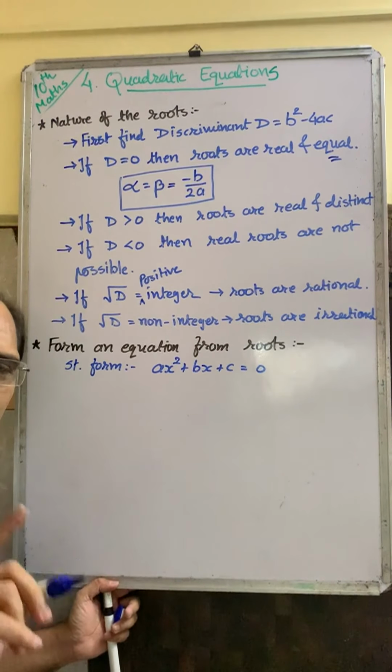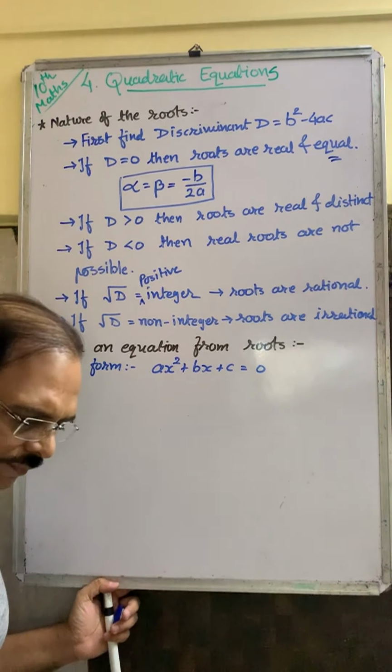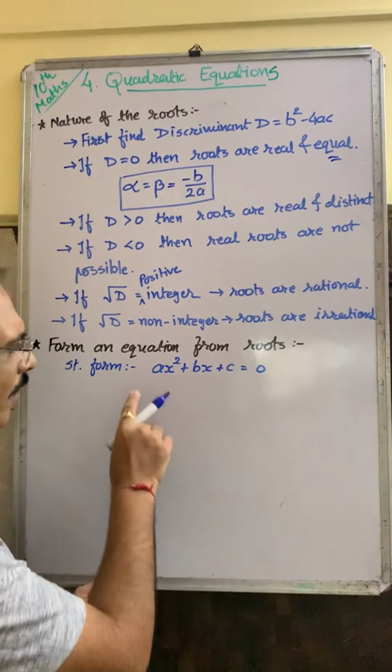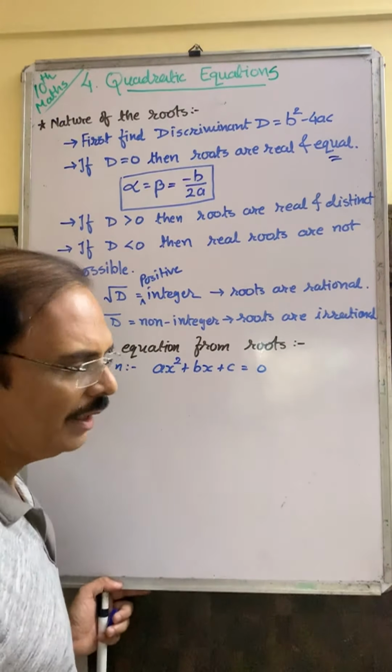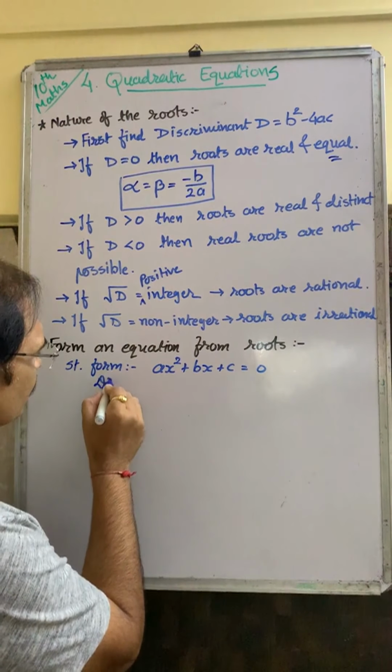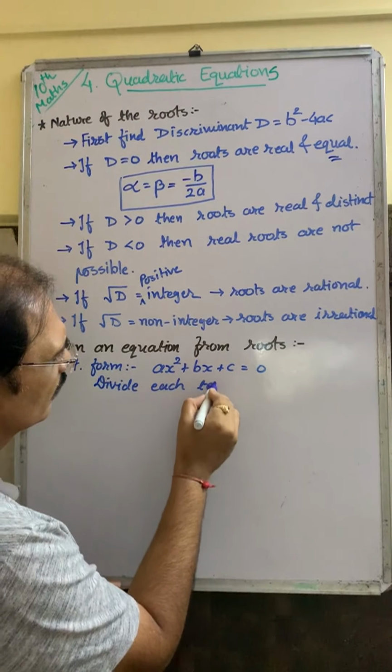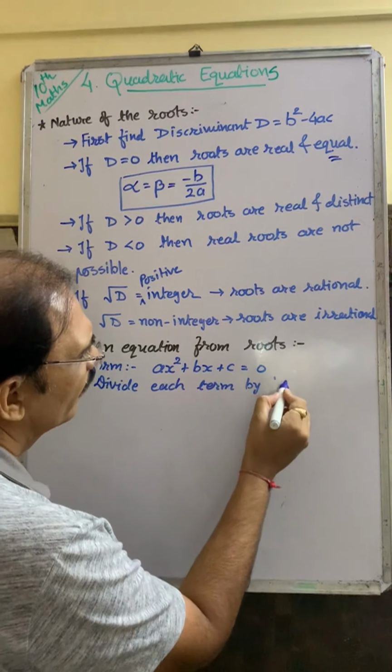Okay? You know alpha plus beta is minus b upon a. You know alpha into beta is c upon a. If you divide these three terms by a, what happens? See, divide each term by a.